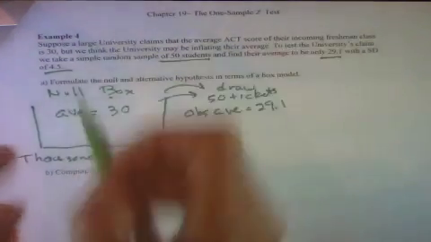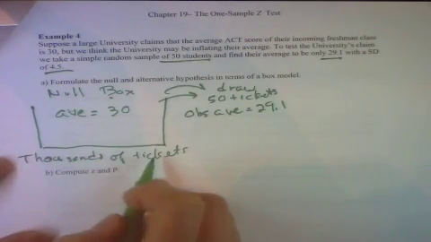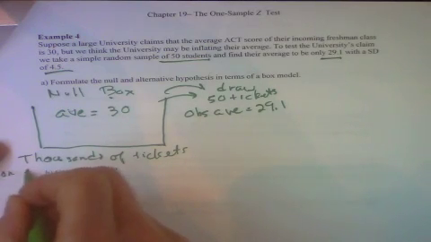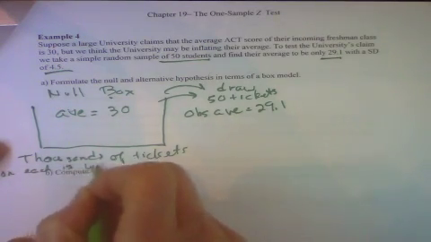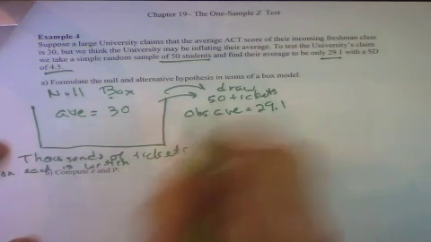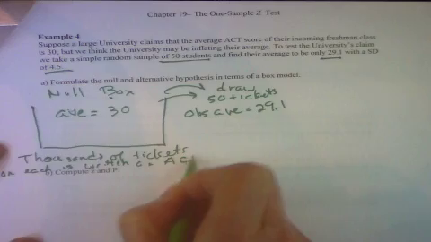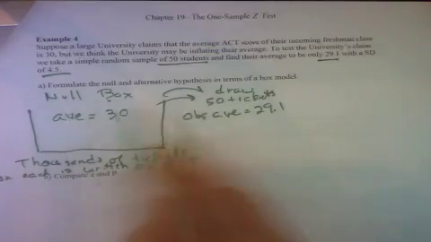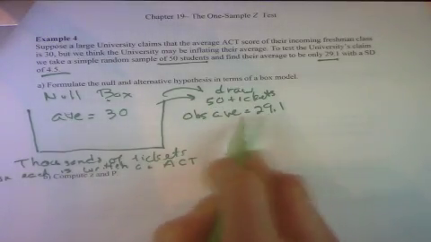I don't know exactly, we're not going to use this number, so it doesn't really matter, but thousands of tickets, and on each is written an ACT score. And it's one ticket for every freshman. Does everybody understand one ticket for every freshman? Do you all see that? And we're drawing 50 tickets out of here, and we get this average.